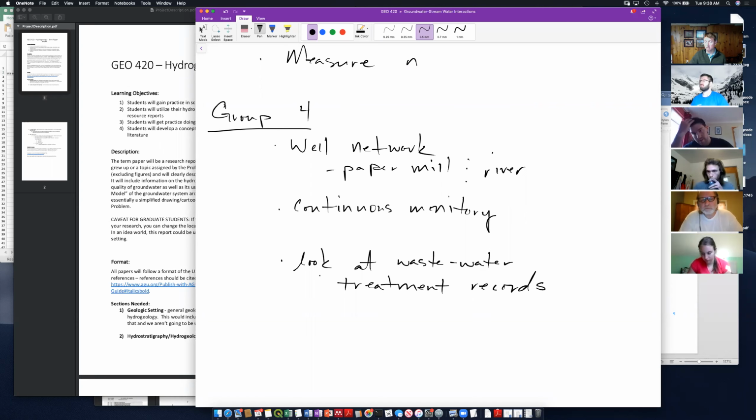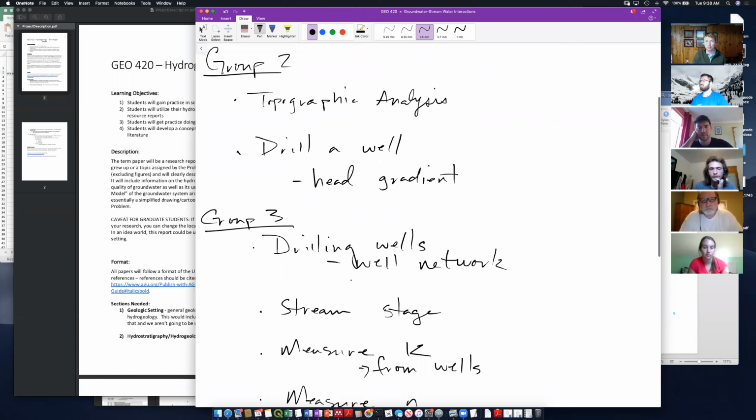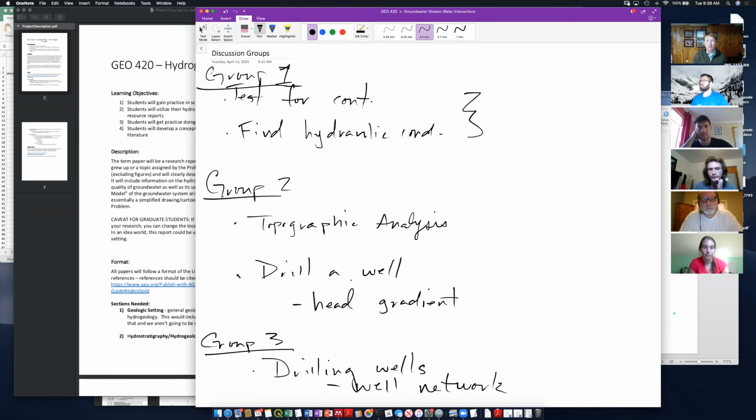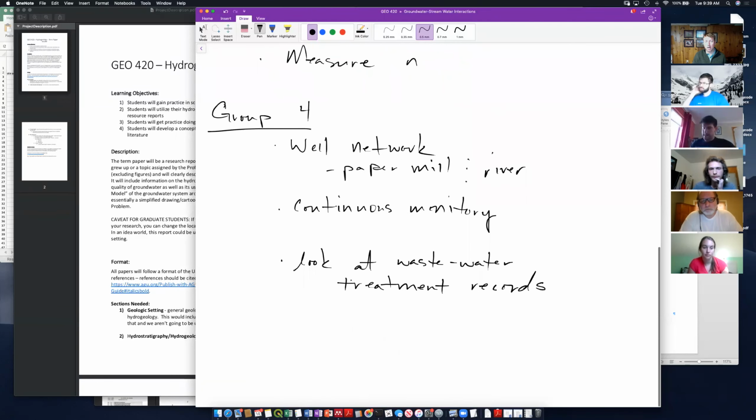While it used to have a huge wastewater treatment plant, that's now been shuttered. However, you could still look at the records and see how much recharge occurred, and that would be an important thing to look at. Okay, all right. So some good ideas here.